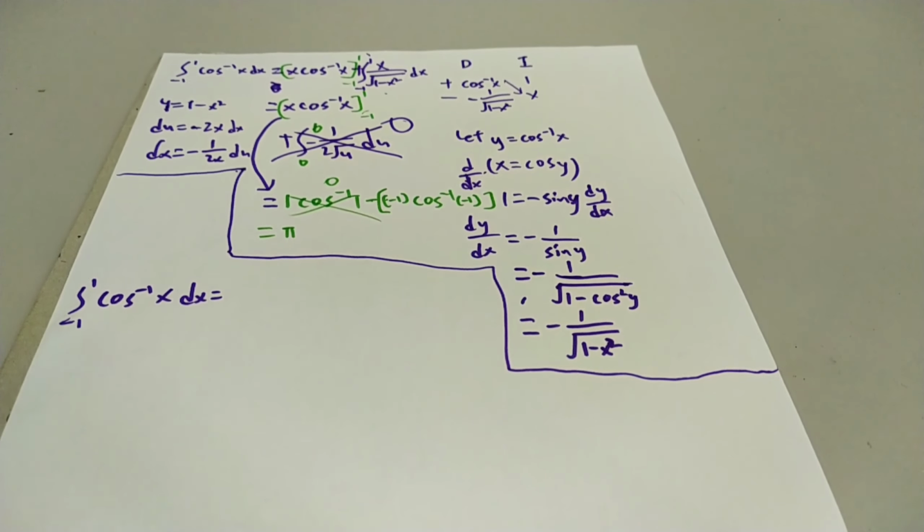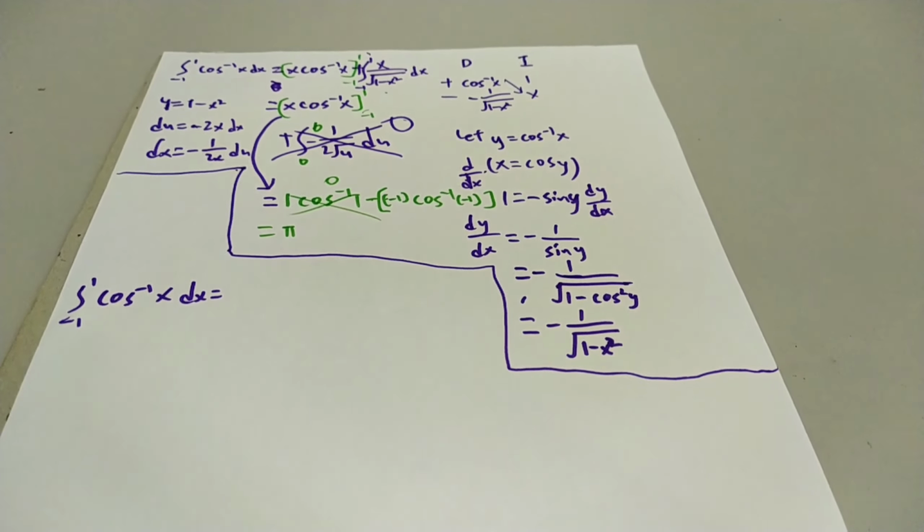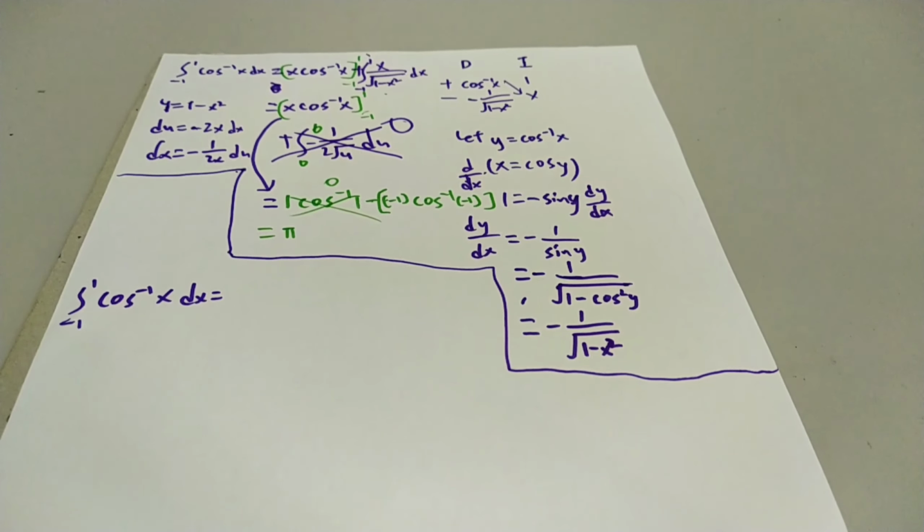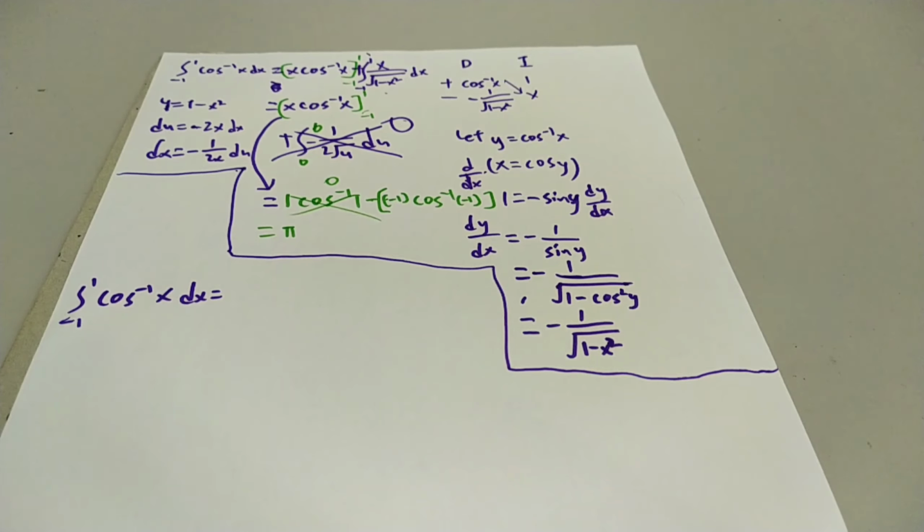So for this one, it's not suitable to use x is equal to sine theta. Instead, we can use x is equal to cosine theta.